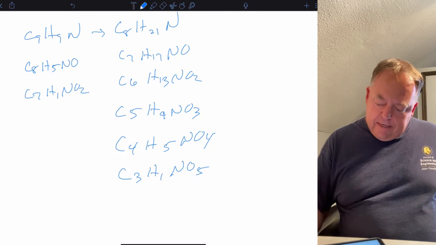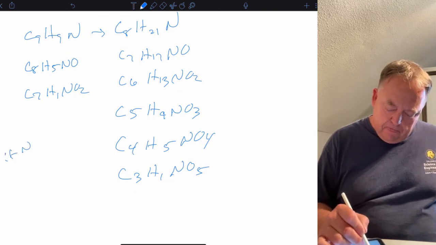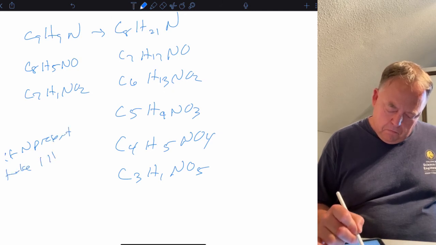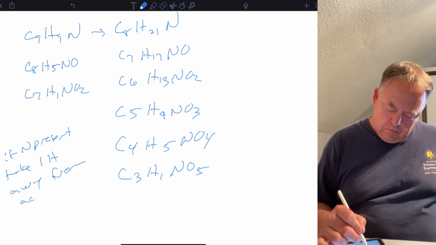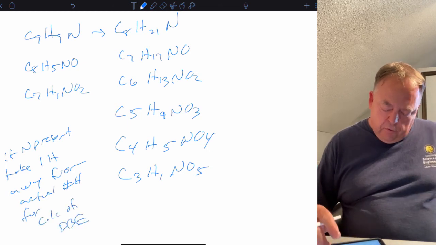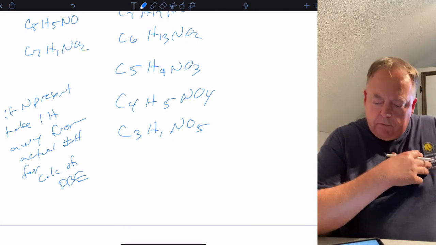Okay, and then lastly, how do you get double bond equivalencies if there's nitrogen present? So for calculation of double bond equivalencies, you'll just take one hydrogen away from the actual number of hydrogens.